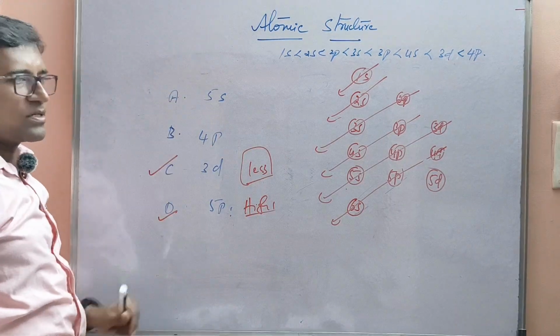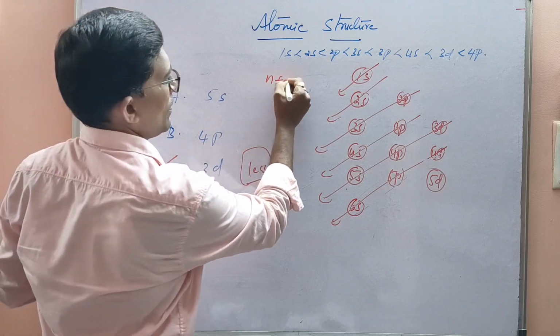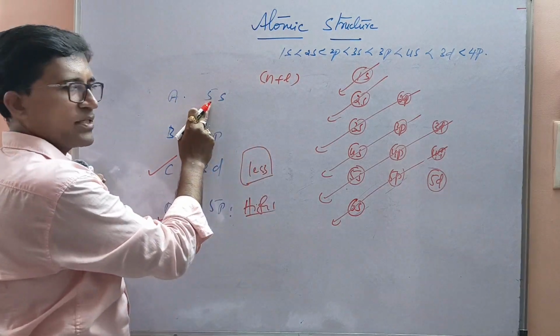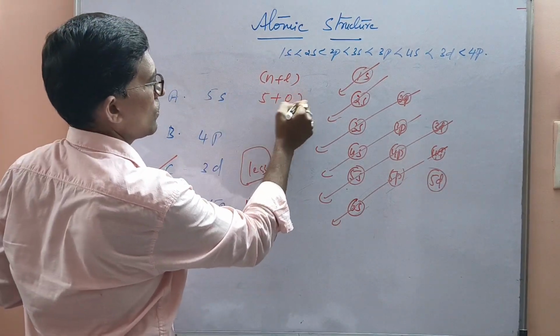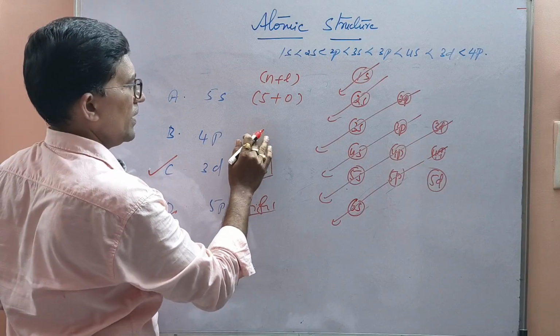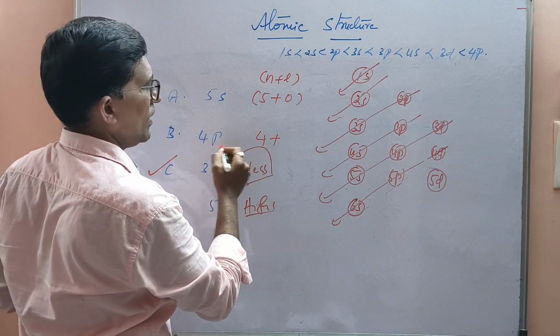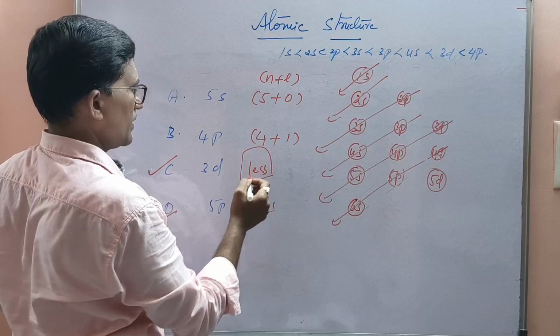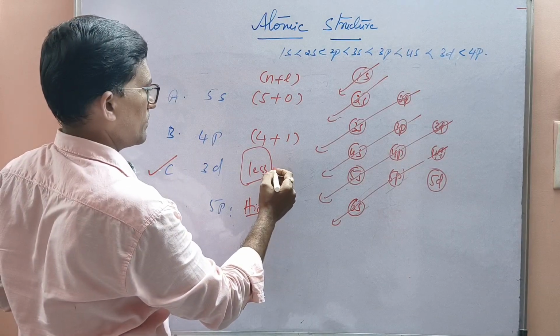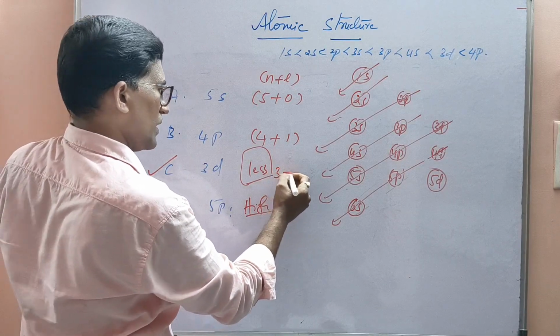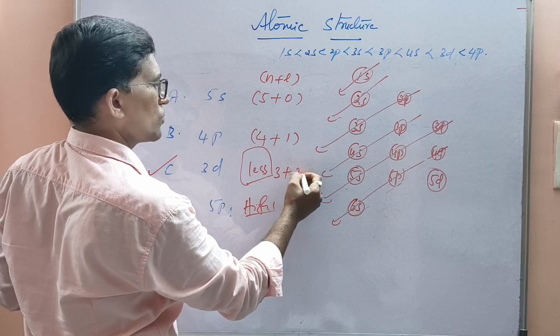Sir, explain based on the n plus l value. I will write the n plus l value for these. For 5s, n is 5, l is 0. For 4p, n is 4, l is 1. For 3d, n is 3, l is 2.